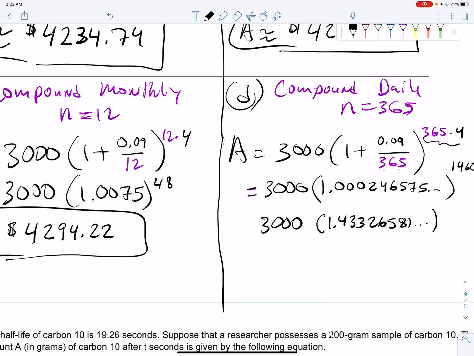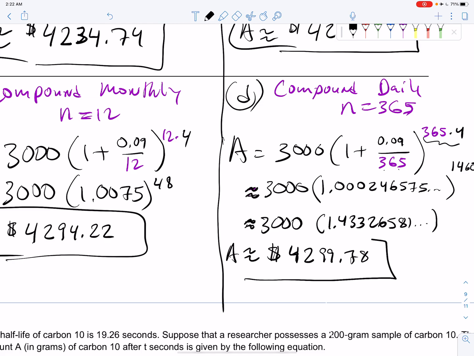These are all approximately now, we had a round. When we multiply that, we get $4,299.78. Almost breaking 4,300. So there it is.